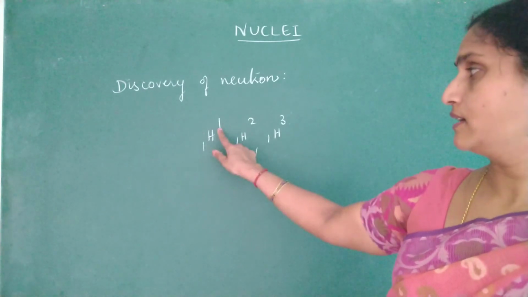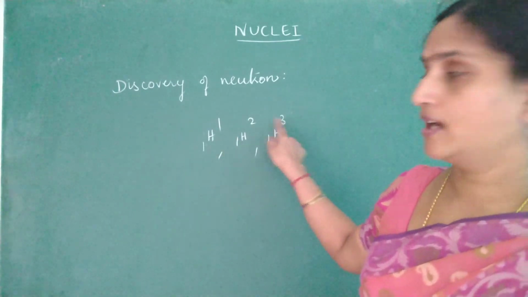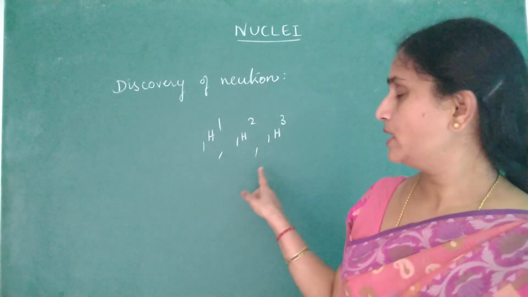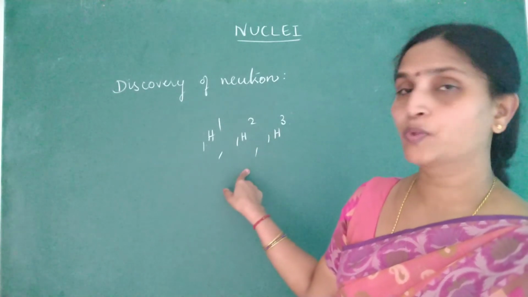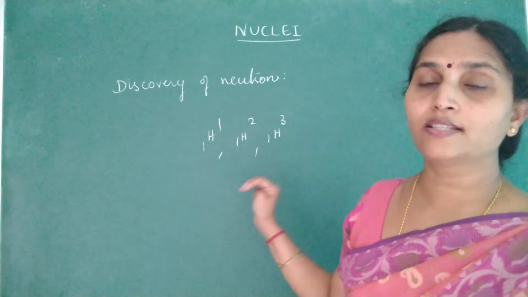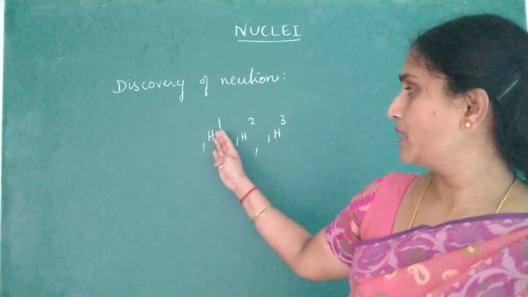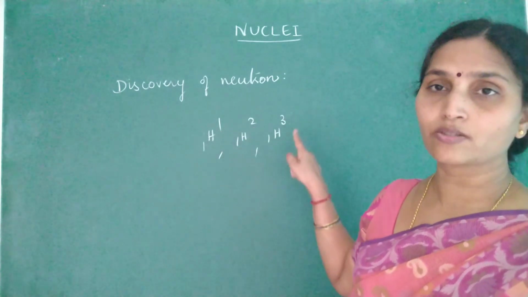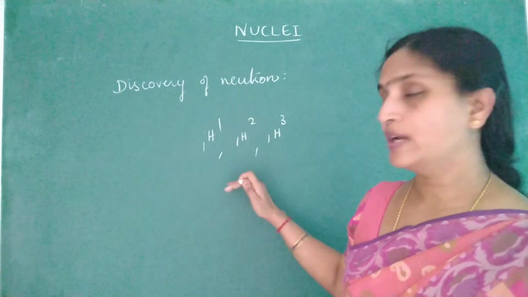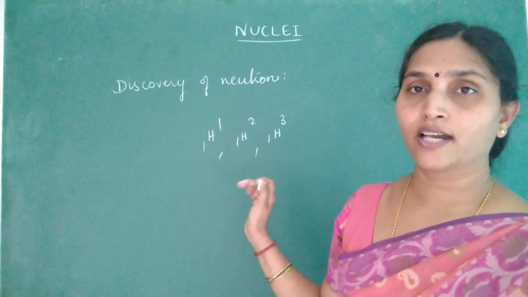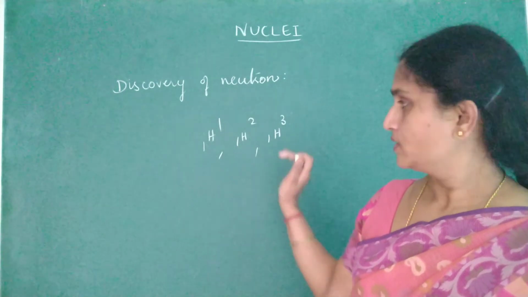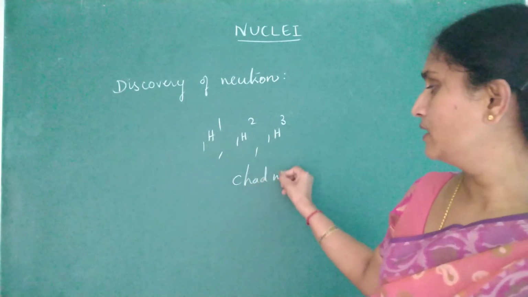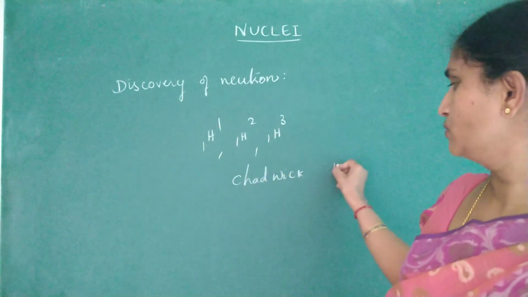But since they differ in their masses and the masses are in the ratio 1:2:3, this led to a conclusion that along with proton there is some neutral matter inside the nucleus which is multiples of a single unit, that is, in the ratio 1:2:3. So this neutral matter was later on discovered as nothing but neutrons. So let us see how Chadwick discovered this neutron in the year 1932.